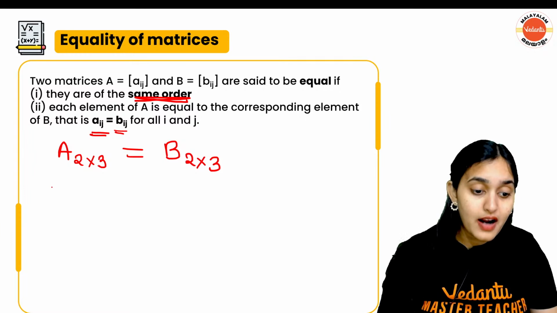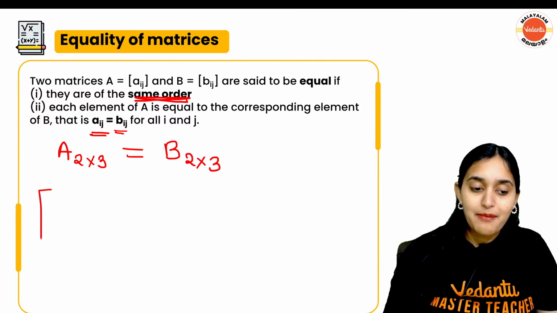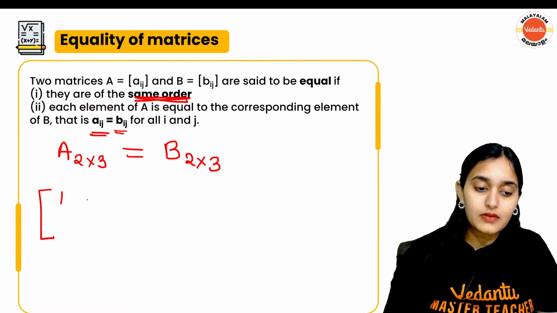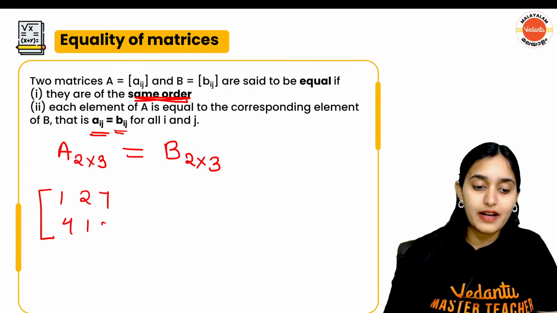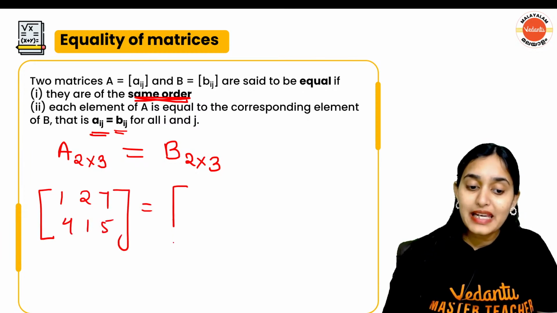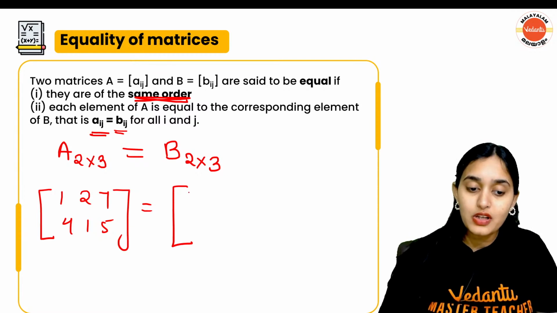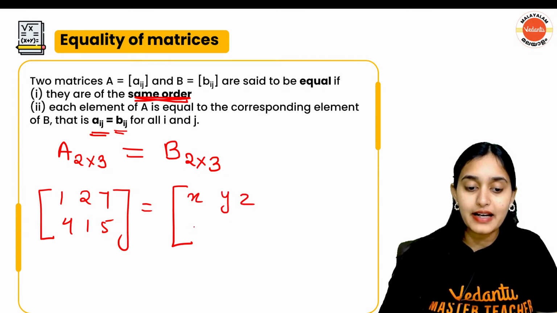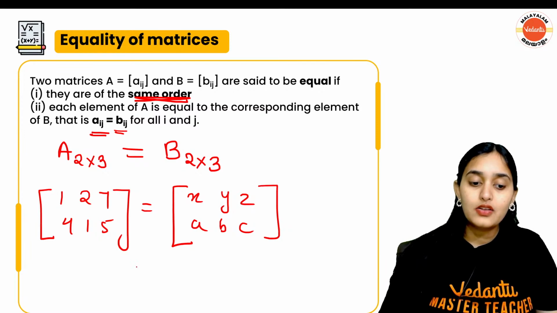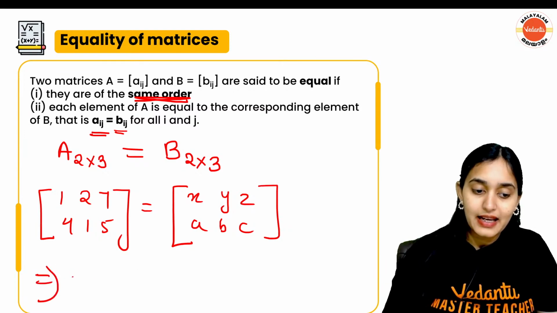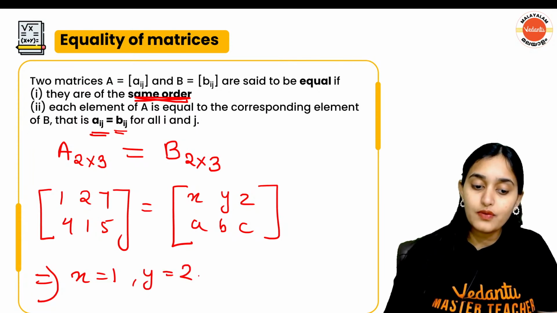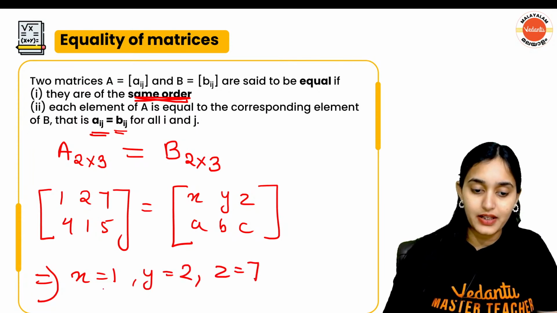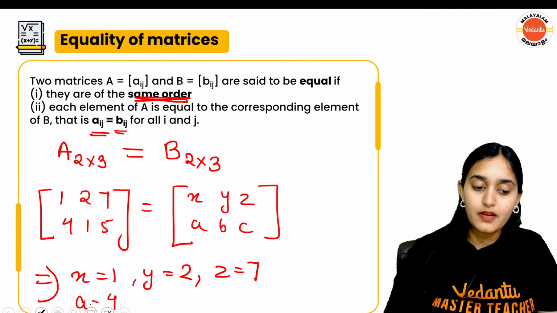That means what? If my A matrix is 1, 2, 7, 4, 1, 5, then B matrix will be what? Suppose B matrix is X, Y, Z, A, B, C. So this implies that X is equal to 1, Y is equal to 2, Z is equal to 7, A is equal to 4, B is equal to 1 and C is equal to 5.